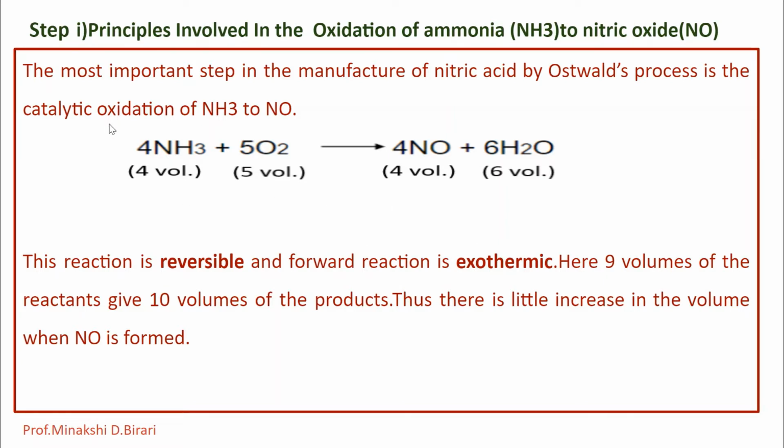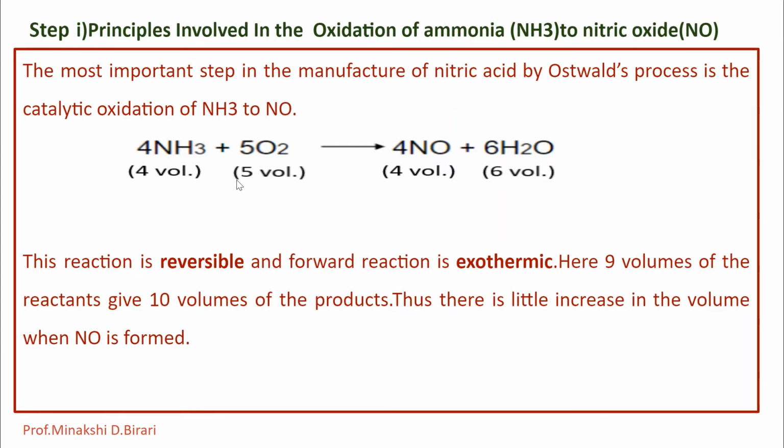So here 9 volumes of the reactants gives 10 volumes of the product. That means 4 volume of NH3 plus 5 volume of O2, total 9 volumes of the reactants gives 4 volume of NO plus 6 volume of H2O. That means total 10 volume of the product.